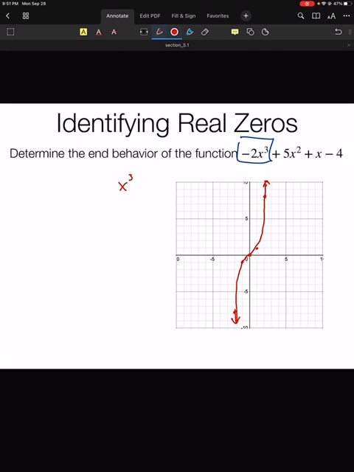When we go to negative 2x cubed, it's going to flip over the x-axis. Do that in blue. Still 0, 0. But now 1 cubed is negative 2. And then negative 2 cubed is 8 times negative 2, which is negative 16.